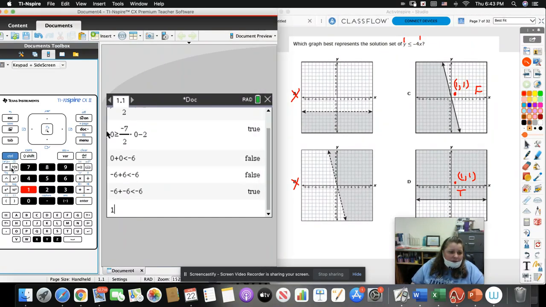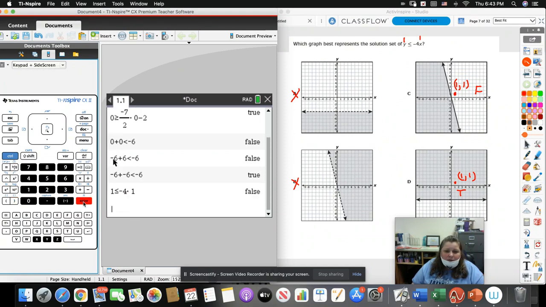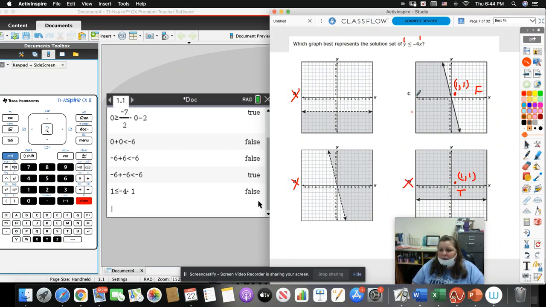That's the advantage of using a point like 1, 1 or 0, 0. Less than or equal to -4, open parenthesis, I'm substituting, and then I'm putting a 1 in there. Enter, and it's false. So it's not true. It's false. There's my answer. Or there's the answer you should have got.